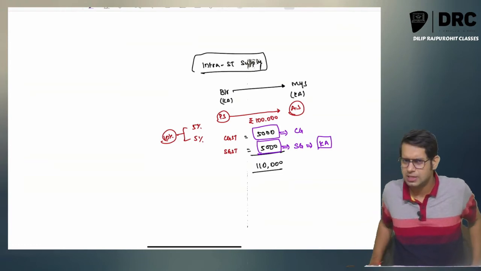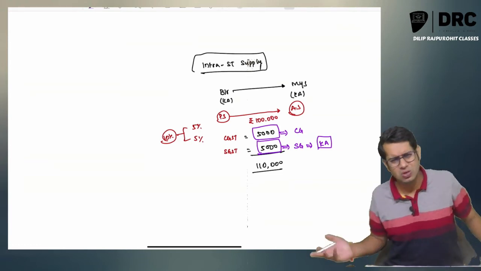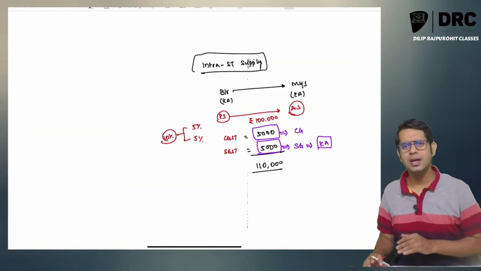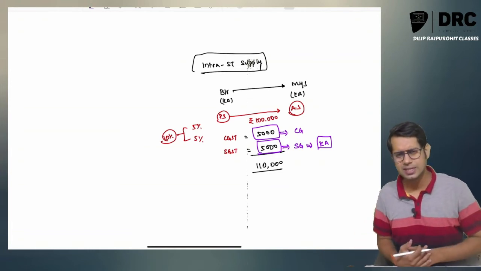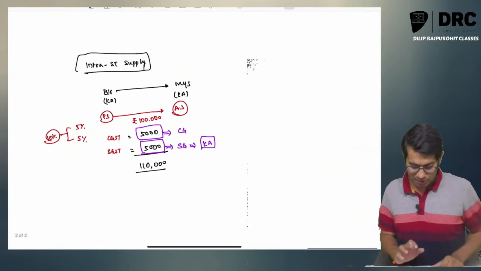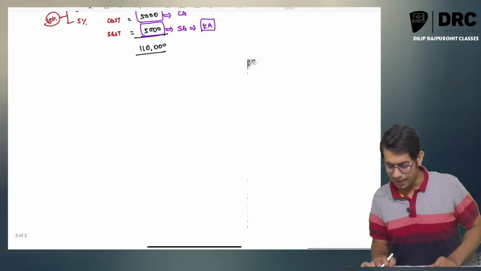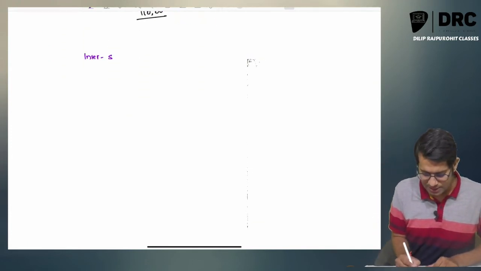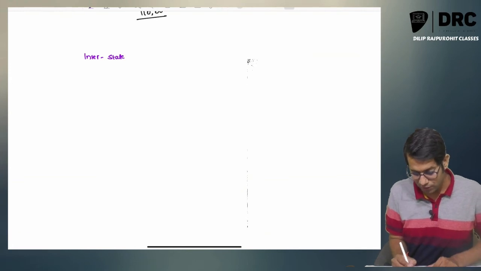This is what the dual GST model actually says: for a single transaction, the tax revenue will go to both the central government and the state government. Now, this is a simple case of intrastate supply. What if it is an interstate supply?